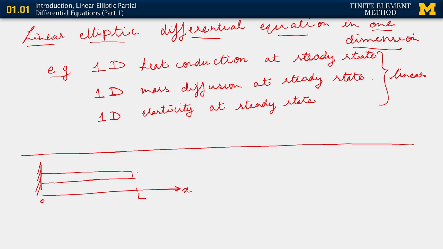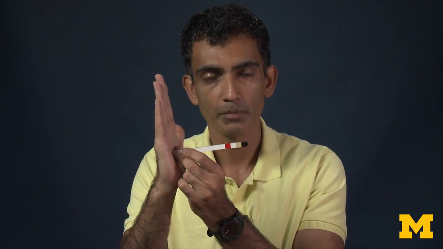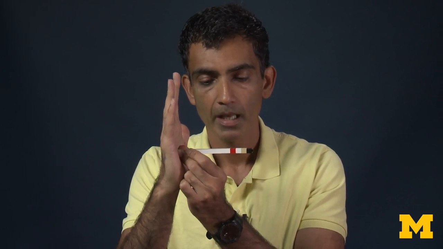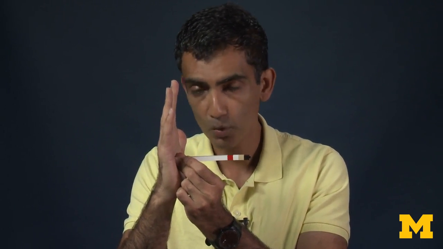It's built into some sort of wall here. So getting back to this, well, the right end for me, the left end for you, the bar is fixed. Okay. So this is what we mean by the support.